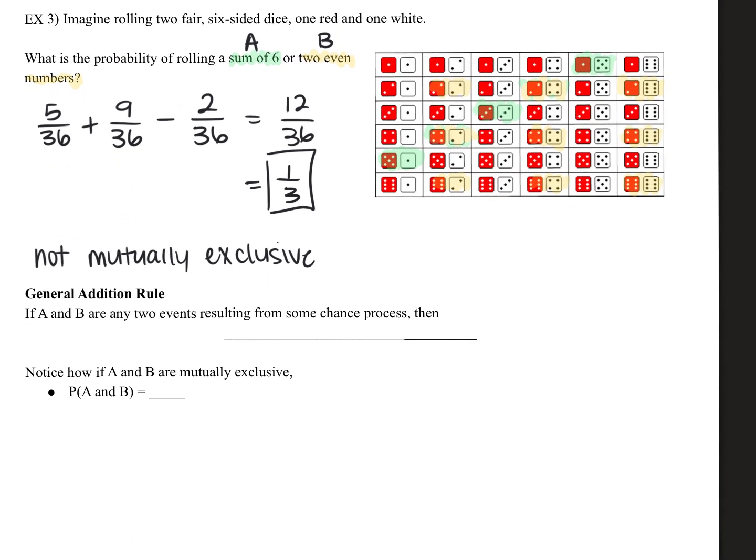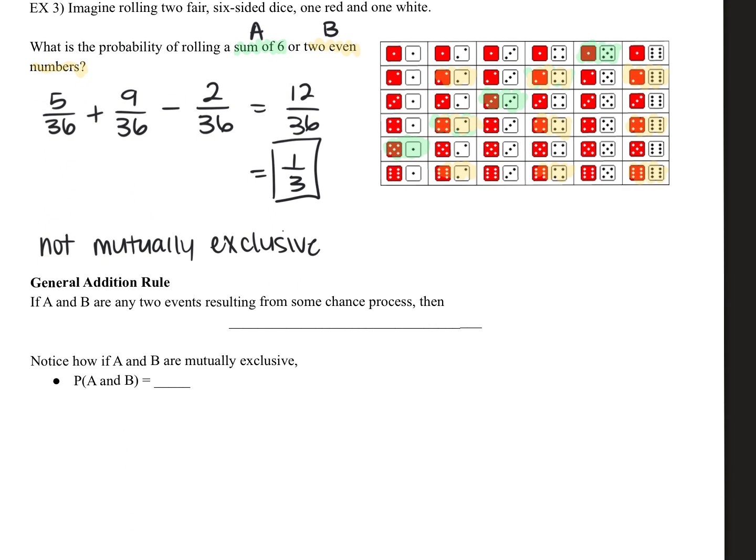Which leads us to a general addition rule. If A and B are any two events, then I can say the probability of A or B is the probability of A plus the probability of B minus the probability of A and B. Now, if the two events are mutually exclusive, that A and B probability is 0, in which case it's just A plus B. But when they're not mutually exclusive, you have to subtract that overlap.